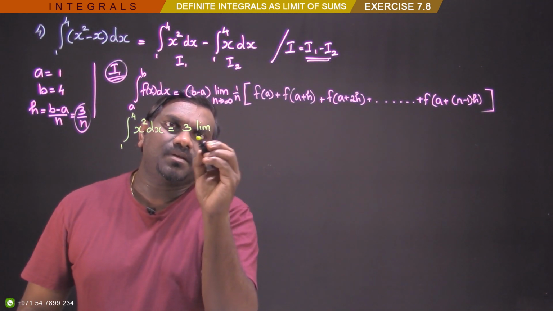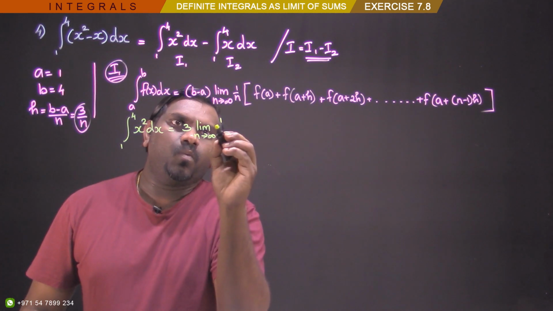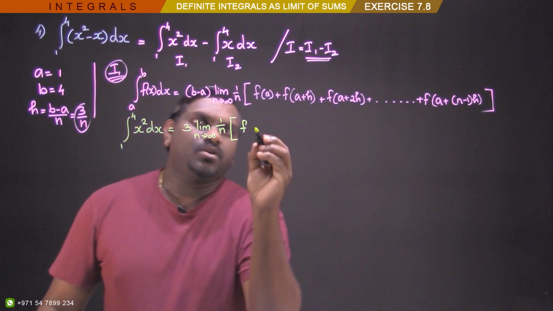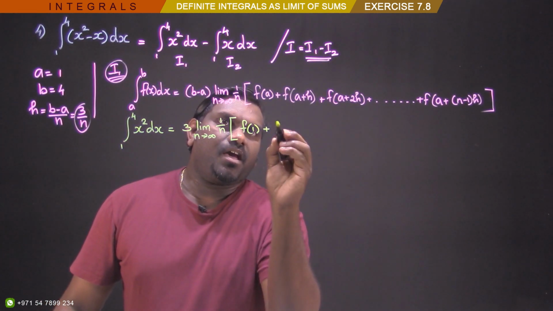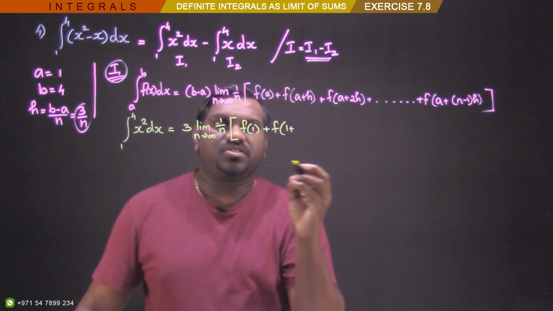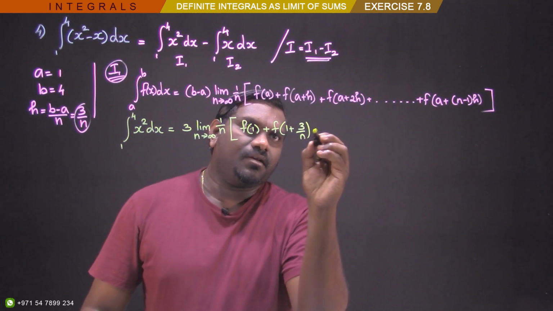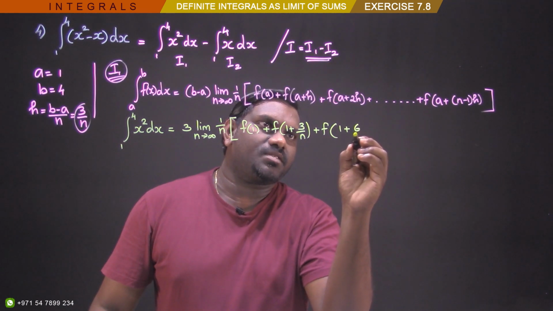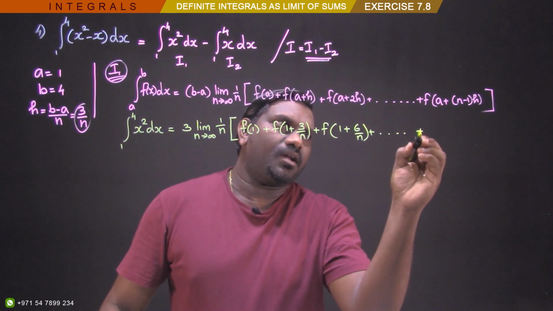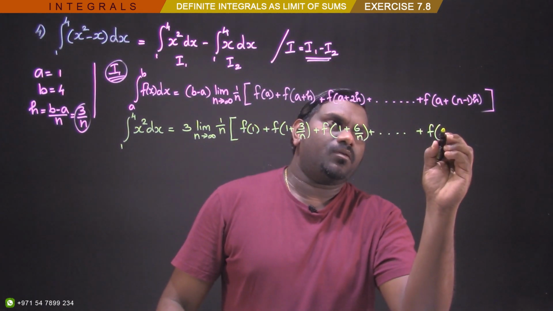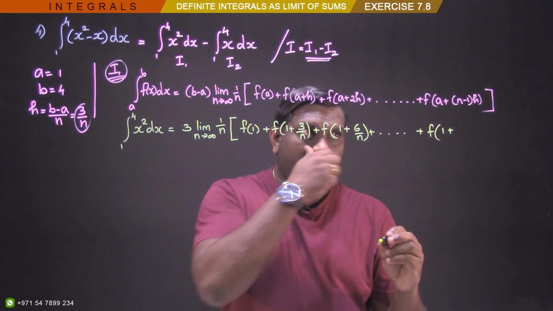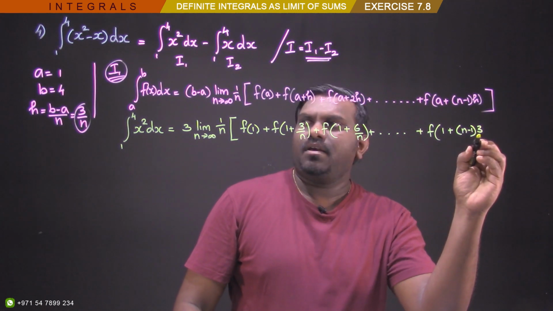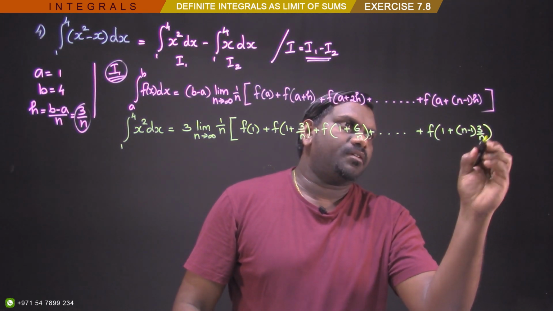Then limit n tending to infinity 1 by n, and over here a is 1, so this is going to be f of 1, plus f of 1 plus h, where h is 3 by n, plus f of 1 plus 2h, which is 1 plus 6 by n dear, plus it goes on till 1 plus n minus 1 times h, and h is 3 by n dear.